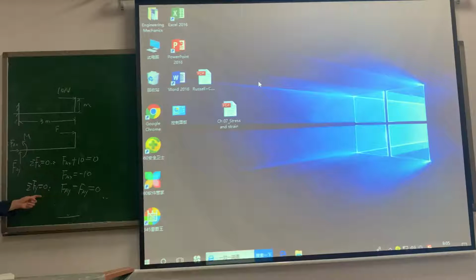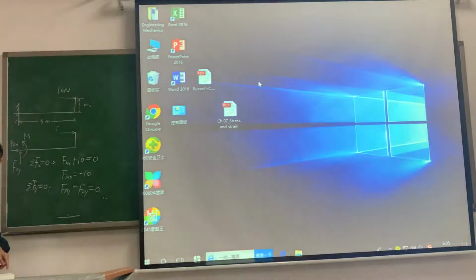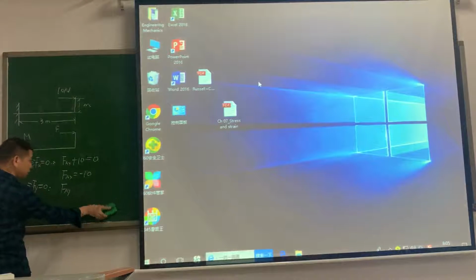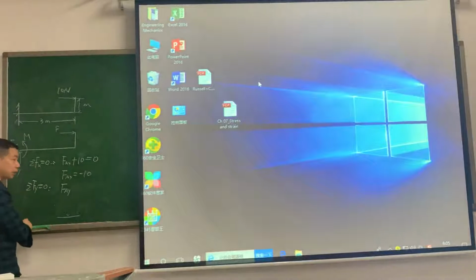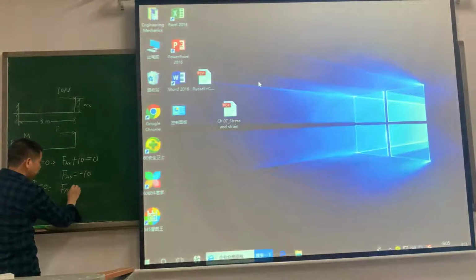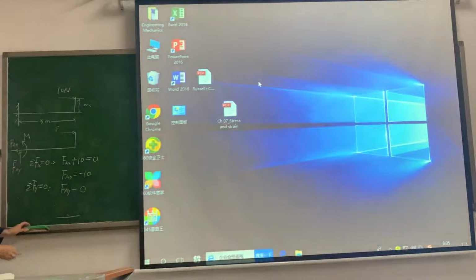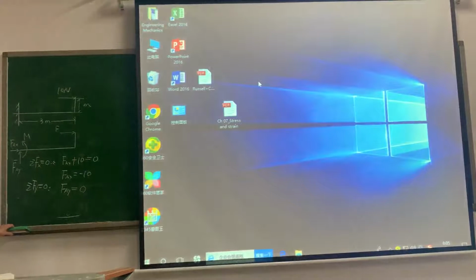It means you need to know the meaning of the equation, because there is just one force in the vertical direction. So it is meaningful. Yes. You just need to understand it.